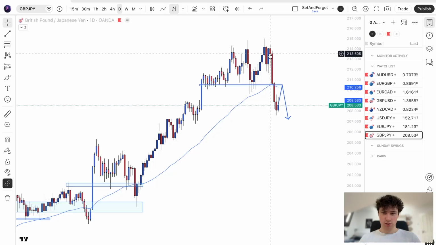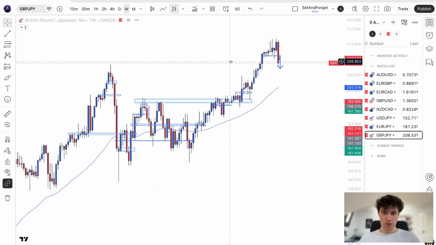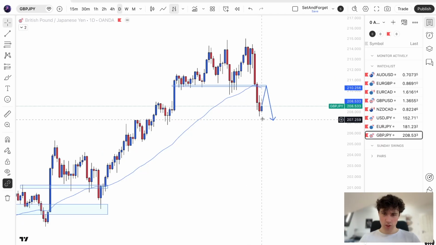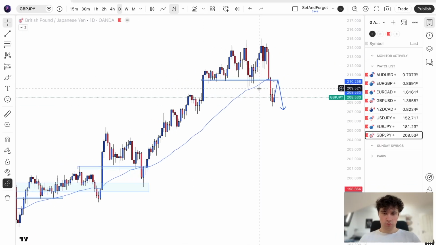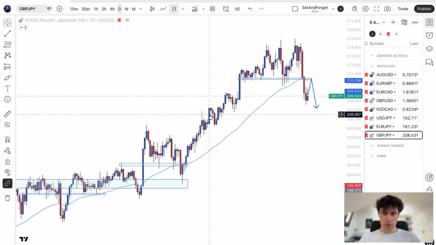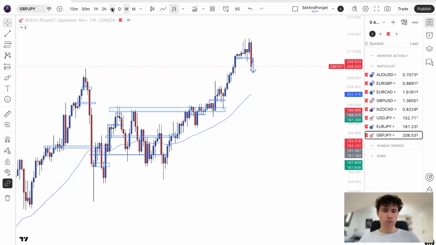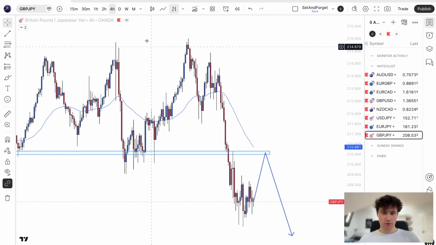We have this strong move to the downside also on the weekly, engulfed 8 weeks of price action in just 1 week. So we do have an indication of a bearish sentiment, just break below this. So now we wait for a retest to this area. We also have the daily EMA. I think this also looks pretty good.